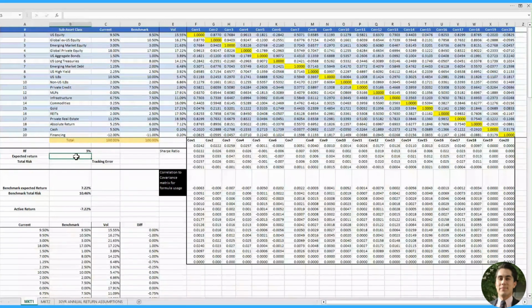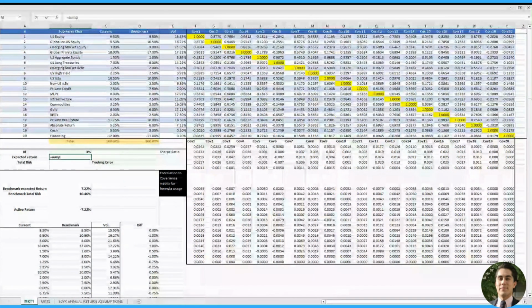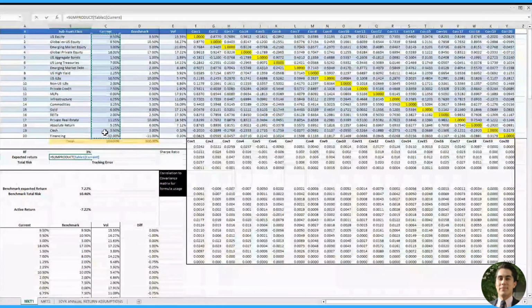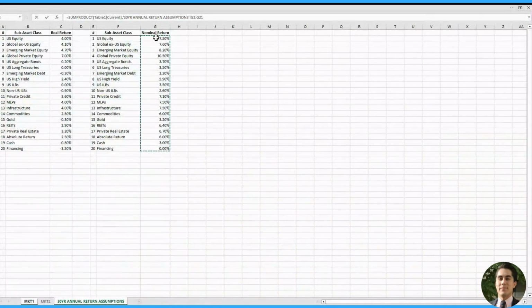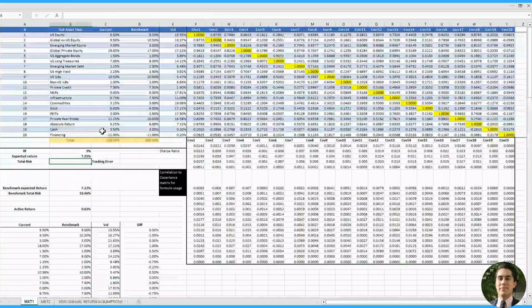So in this case, it will be basically a sum product, because we want to multiply and sum: our weights, and then you go into your return assumptions, which we have here. We're going to use nominal in this case, just for the sake of it, and close the bracket. That should give us 7.25.